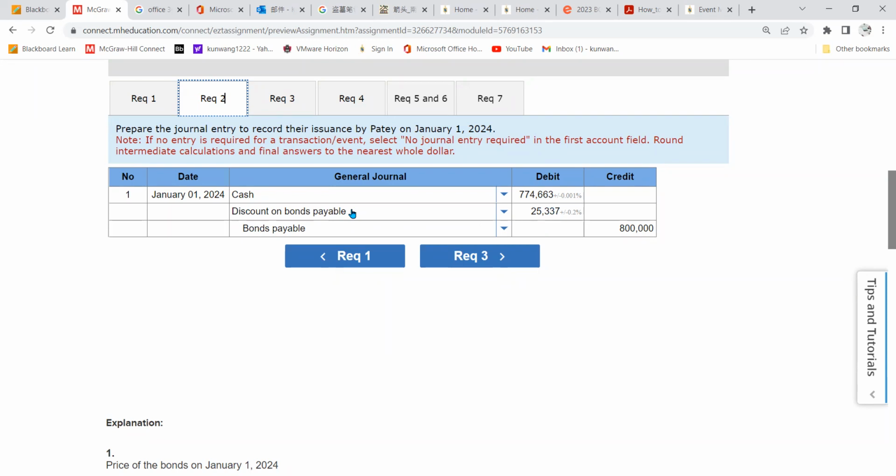So I'm not really looking for the numbers, I'm looking for the general. So you should have 2 debits and 1 credit. And if you change this to premium, think about if you have a bond sale at a premium, how this journal entry needs to be adjusted to reflect the premium.